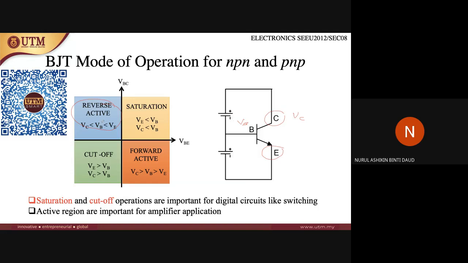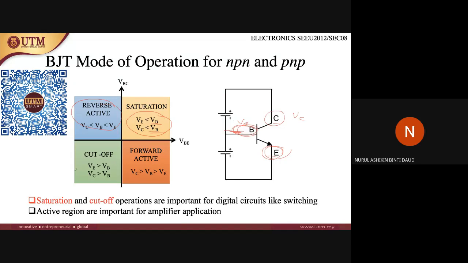When VE is smaller than VB, the current flow here is larger compared to here, and VC is also smaller than VB, so the transistor is in the saturation region. In saturation, the voltage at the base is larger compared to the collector and emitter, but for reverse active, the voltage is larger at the emitter compared to the base and collector.